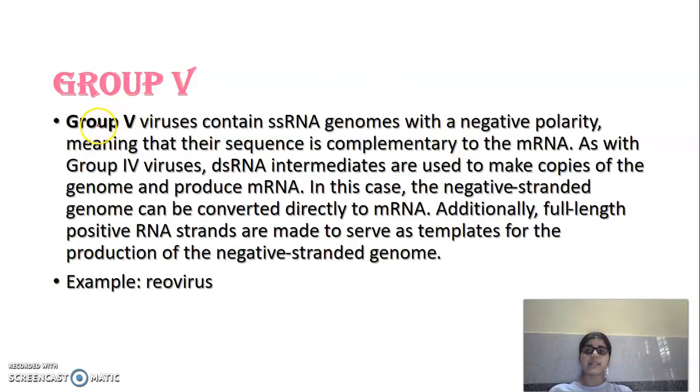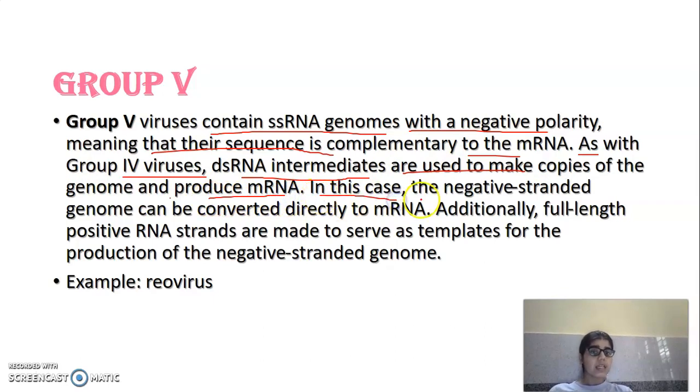Group 5 viruses. Group 5 viruses contain a single-stranded genome with negative polarity, meaning that their sequence is complementary to the mRNA. As with group 4 viruses, double-stranded RNA intermediates are used to make copies of the genome and produce mRNA.